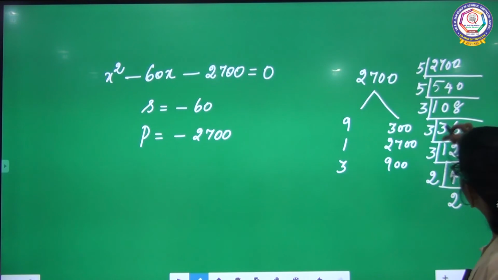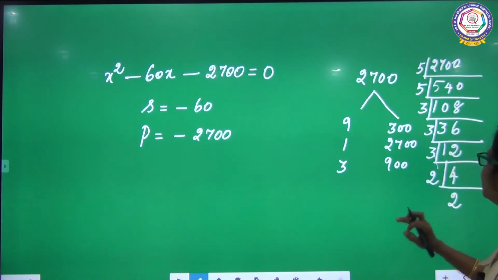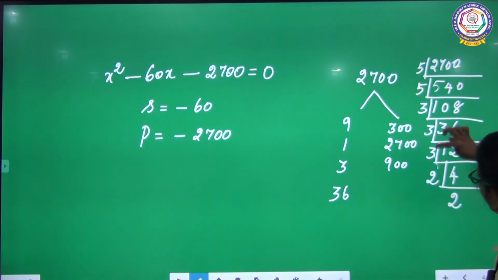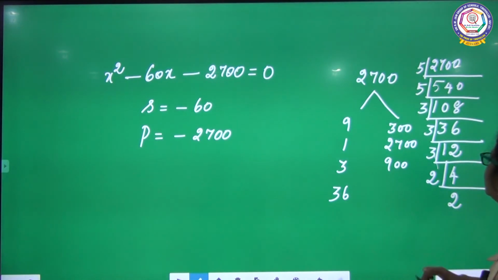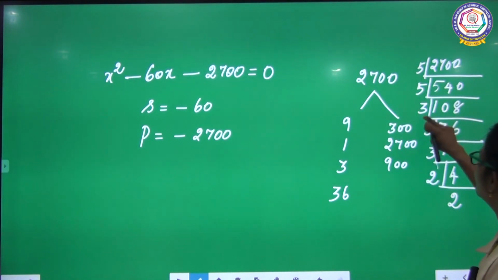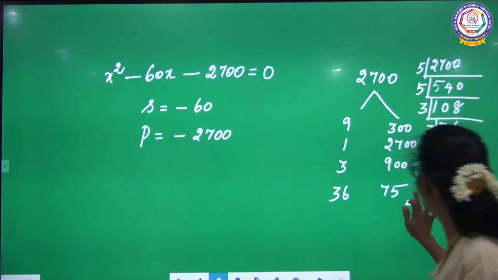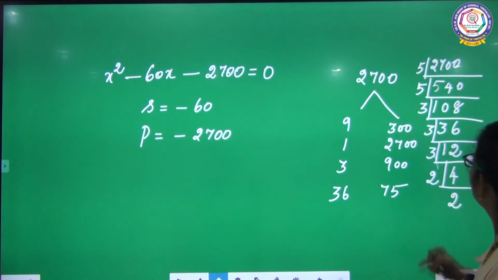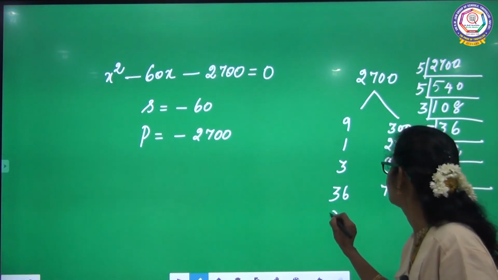Now you compile. 3 2s are 6, 6 2s are 12, 12 3s are 36. See how I am grouping. 3 3s are 9, 9 2s are 18, 18 2s are 36. 5 5s are 25, 25 into 3, 75. This is also one possibility. Or see here, 5 2s are 10, 10 into 9, 90.